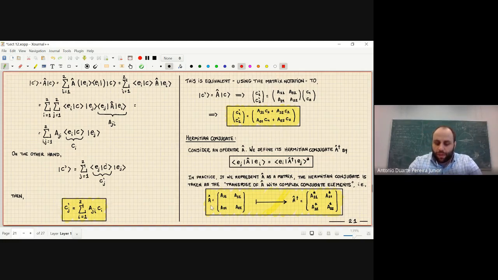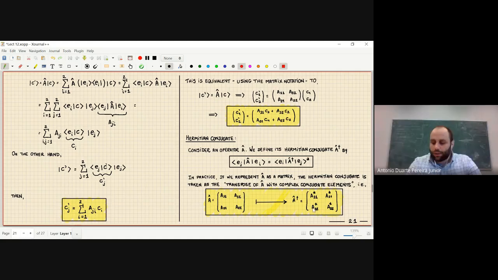So if I give you a matrix A hat with entries A11, A12, A21, and A22, I can write the Hermitian conjugate of the matrix A by taking the transpose of this matrix. So I'm taking the transpose of this matrix. So I'm putting this element down here and this element up here.